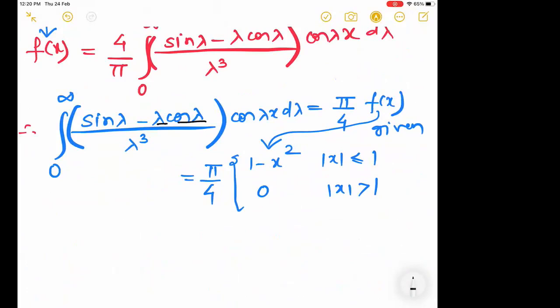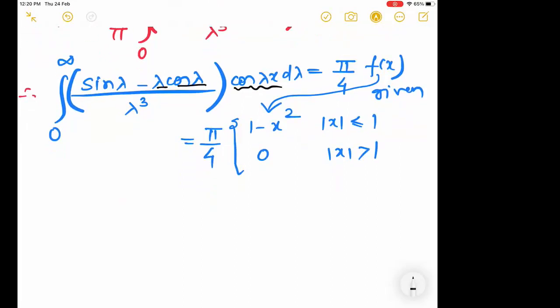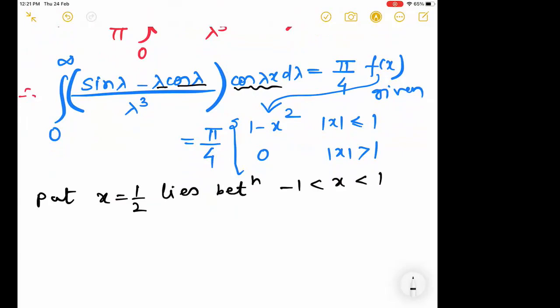So if we put x in place of lambda, we can get the answer in terms of x. But here this is cos lambda x, it is coming. So first of all, we'll change that by taking half. So first of all, put x is equal to half, which lies between -1 and 1.